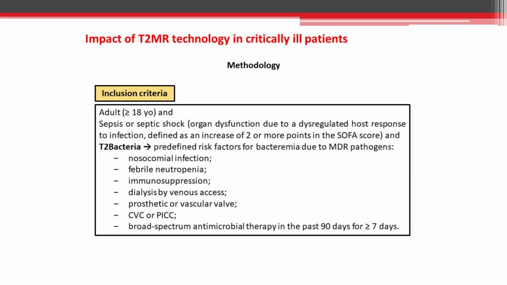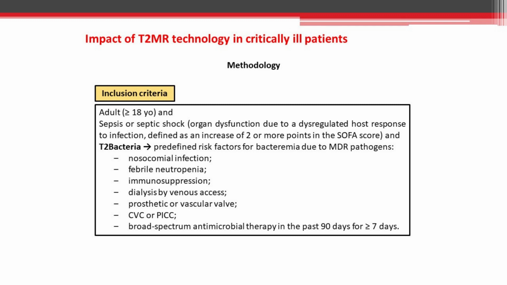Some inclusion criteria: we performed these tests in adult patients with sepsis or septic shock, but then we used specific risk factors for each of the panels. For the T2 Bacteria, we used predefined risk factors for patients who could have been at risk of bacteremia due to MDR pathogens, namely nosocomial infection coming from an intra-abdominal source, genitourinary source, or fever without a known origin.